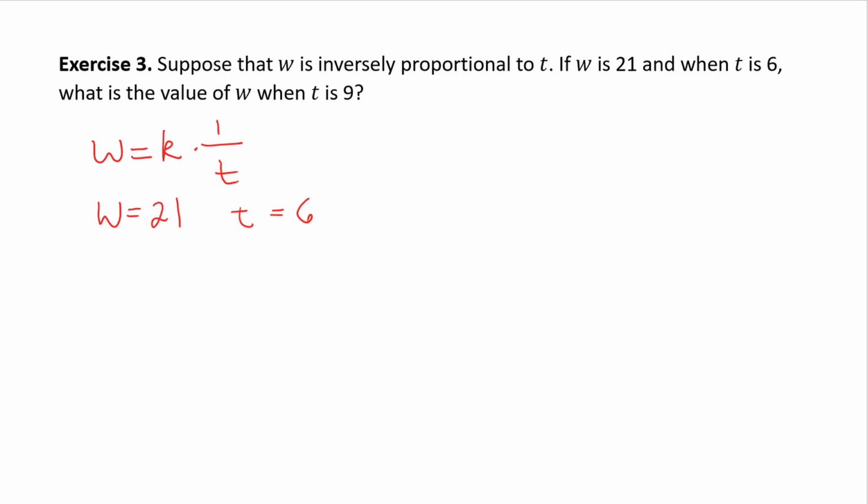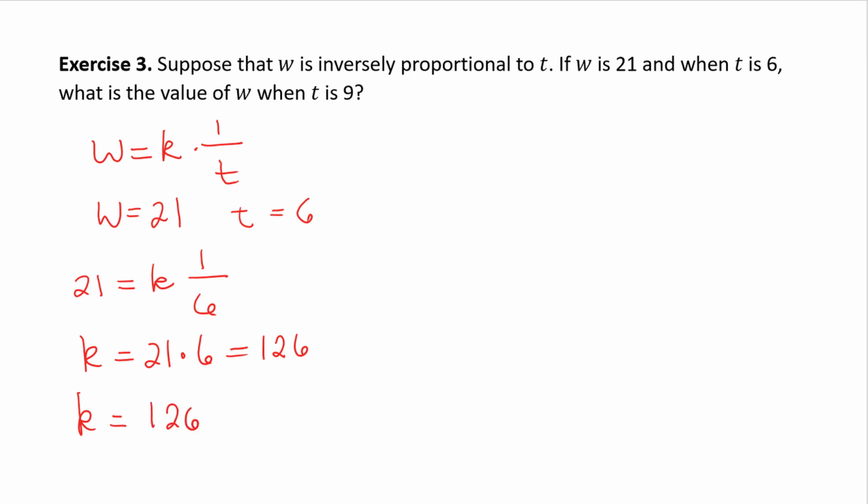That is, 21 is equal to k times 1 over 6. Solving for k, k will be the product of 21 times 6, or 126. The constant of proportionality for this inverse variation is 126. We can use this to write the actual model equation.